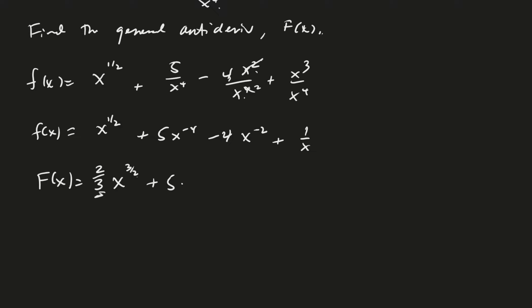Plus 5 times, leave a little space, x to the, now add 1, so that's going to be minus 3. So this is going to be minus 1/3, right? And then minus 4, and then leave a little space, x to the minus 1 there. And so this is going to be a minus 1, and then plus the natural log of x, and then plus c.